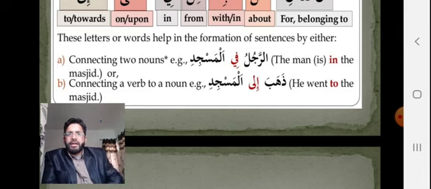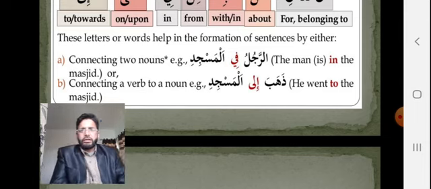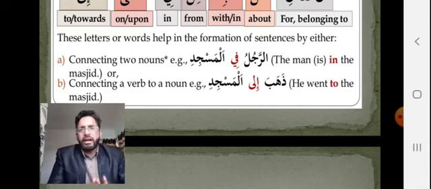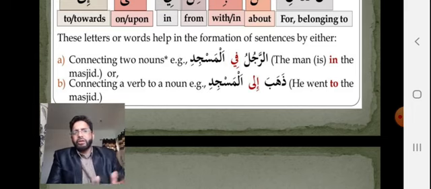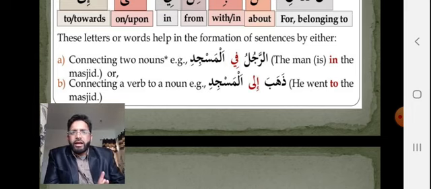Ar-rajulu fil masjid: the man is in the masjid. Then we have type 2, it connects a verb to a noun. Suppose if I say dhahaba ila al-masjidi, dhahaba is a verb, al-masjid is a noun, and both are connected by ila.